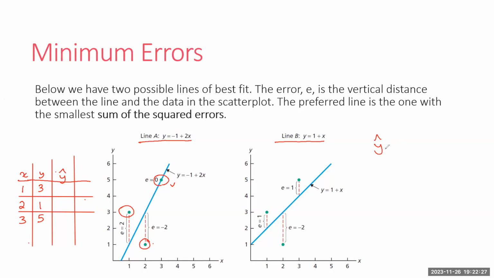There we go. So my y hats, if this is the equation for line A, we're first going to look at the case where x is equal to 1. Then y is -1 plus 2 times 1, which is 1.